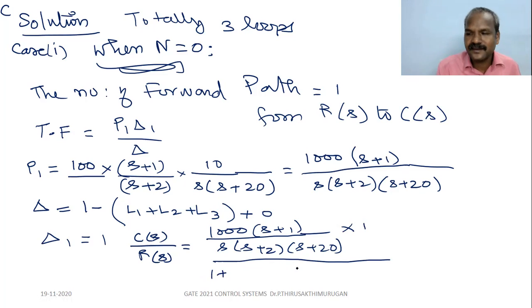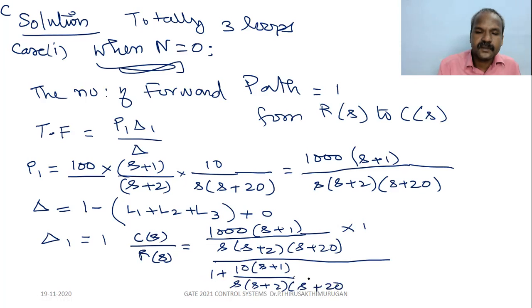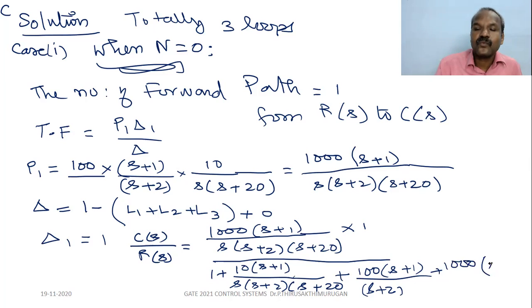If you simplify that, you will get: 1 plus 10 into S plus 1 divided by S into S plus 2 into S plus 20, plus 100 into S plus 1 divided by S plus 2, plus 1000 into S plus 1.